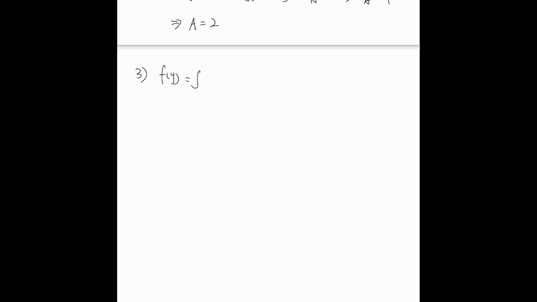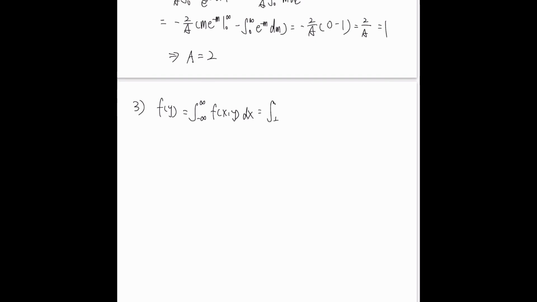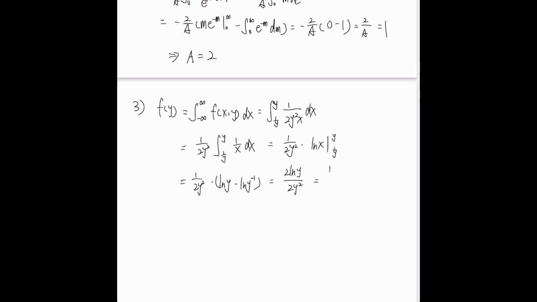F of y equals the integral from negative infinity to infinity of f of x, y dx, which is the integral from 1 over y to y of 1 over 2 y squared x dx, equals 1 over 2 y squared times log x from 1 over y to y, equals 1 over 2 y squared times log y minus log y to the negative 1, equals 2 log y over 2 y squared, equals log y over y squared.